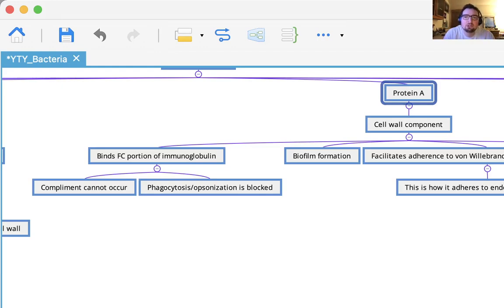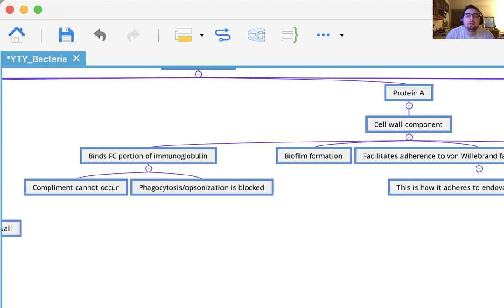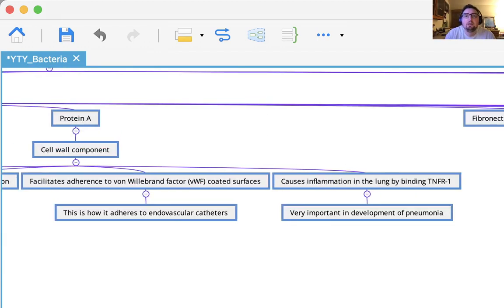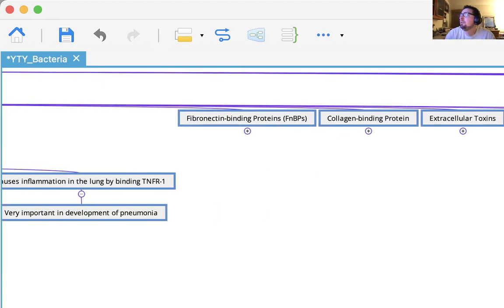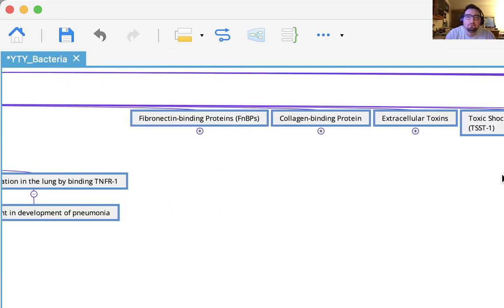I doubt you're going to get a question about this, but it is a big deal because protein A is what's causing the inflammation in the lung by binding to tumor necrosis factor 1, and that's what helps to cause pneumonia. Next, we have the fibronectin binding proteins.